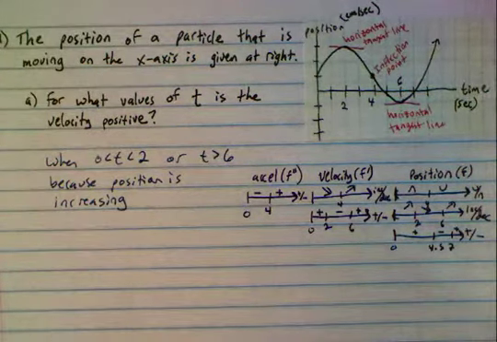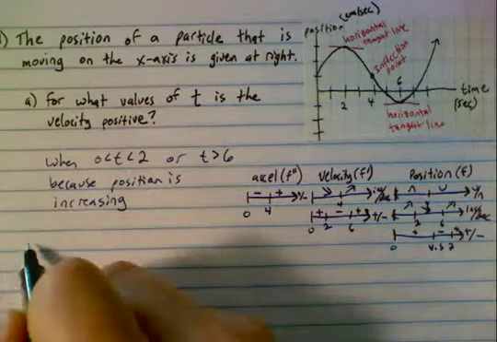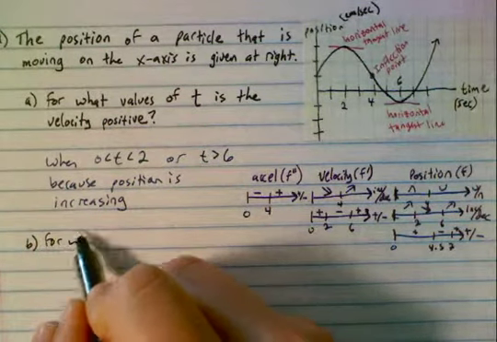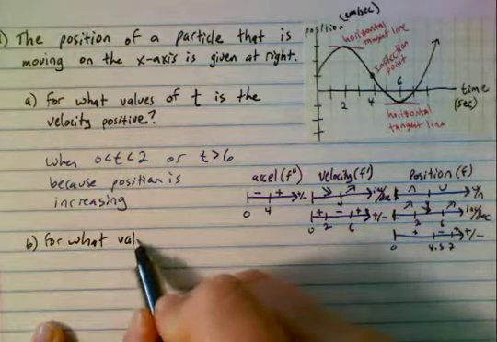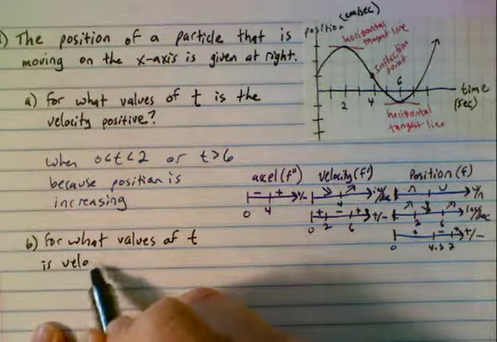The trickiest thing about this is simply figuring out what the question is asking for. Other than that, it's basically just what we've been doing. So for what values of t is velocity increasing?